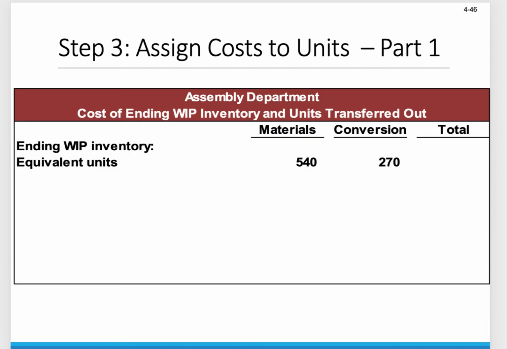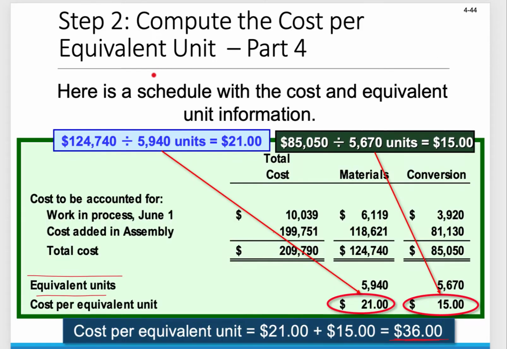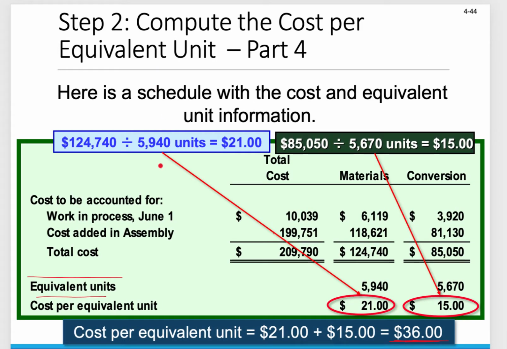Okay? So the first thing that we're going to do when we want to assign costs to units is we're going to take, because we already calculated, the equivalent units of production in ending WIP. Okay? So keep in mind here, there's kind of a change in logic, right? In the previous steps, we started at the beginning, right? What do I have in my beginning WIP?